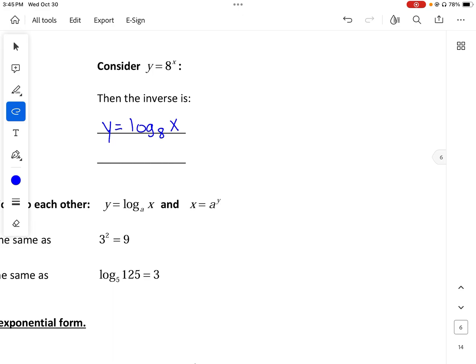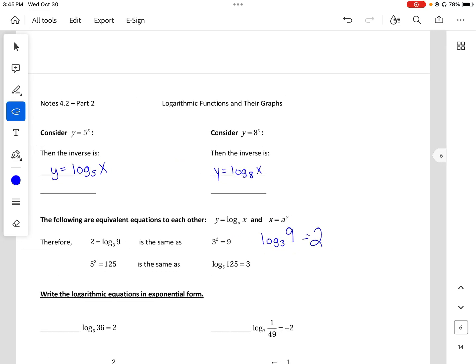So I like to write it the other way. Let's do the log first. Equals... So what it means is 3 squared equals 9.